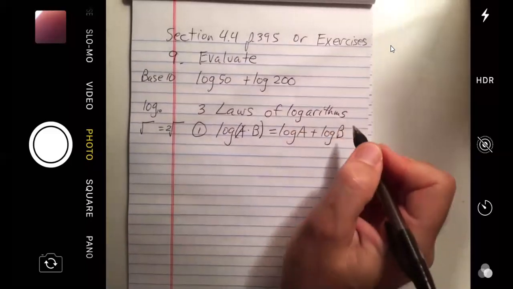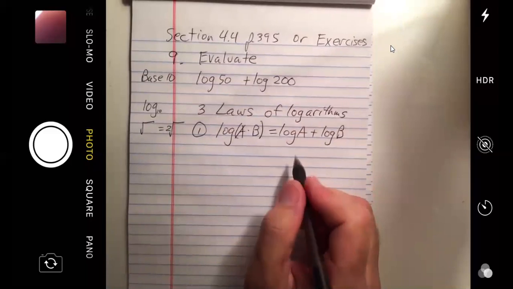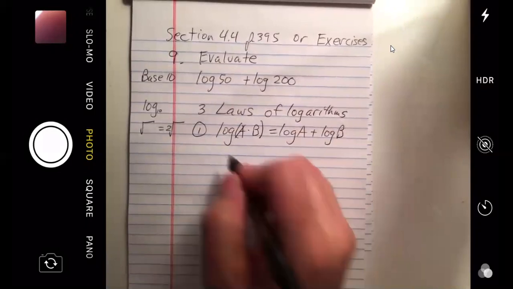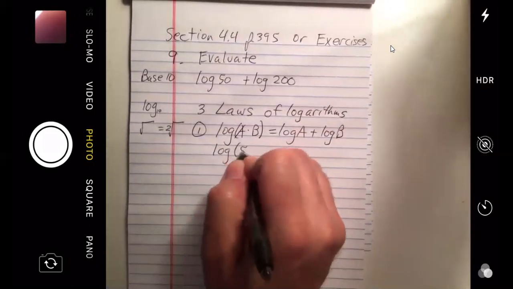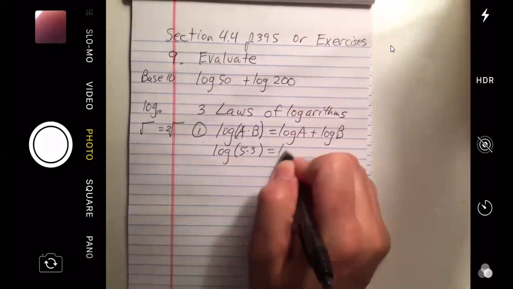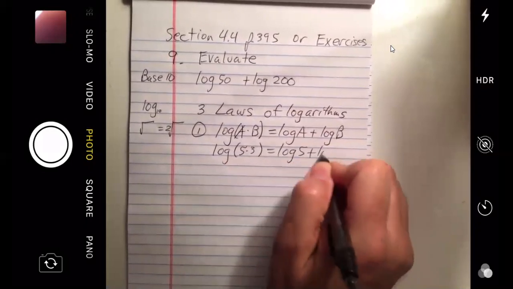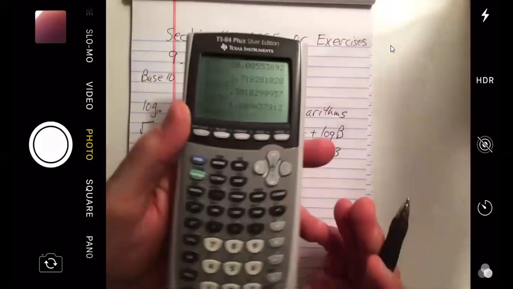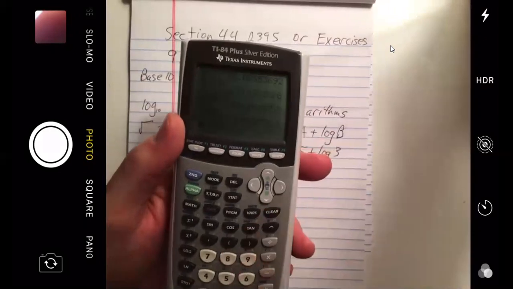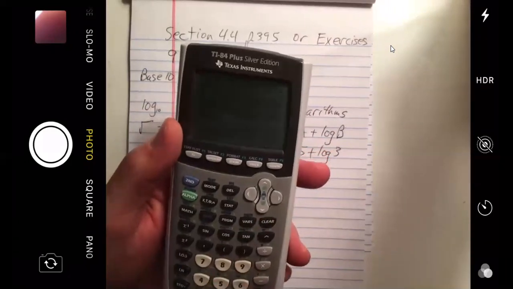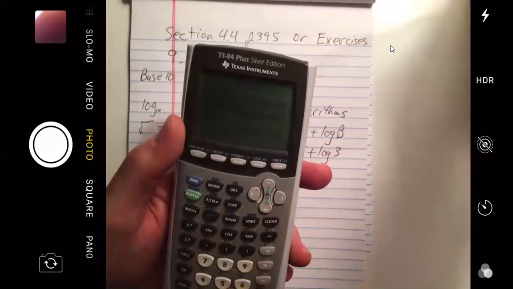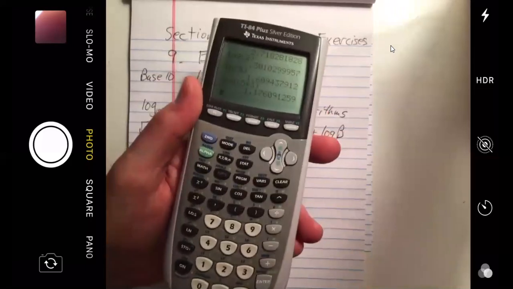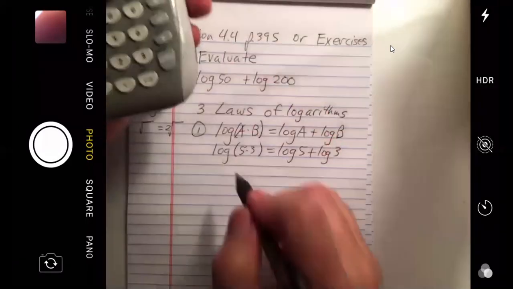This is supposed to be a review out of college algebra, so I don't guess I'll punch a number to prove it to you. Well, maybe I should. Let's say I have log of 5 times 3. It should be the log of 5 added to the log of 3, just to give you some confidence. And I can literally punch 5 times 3, or I can punch log 15. I get 1.1761, we'll say.